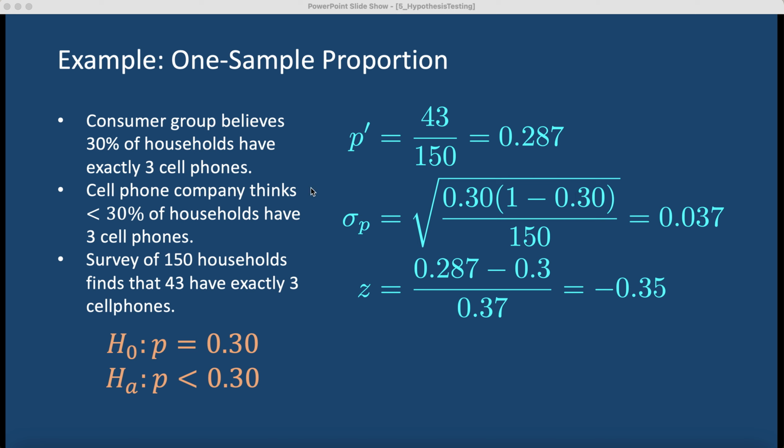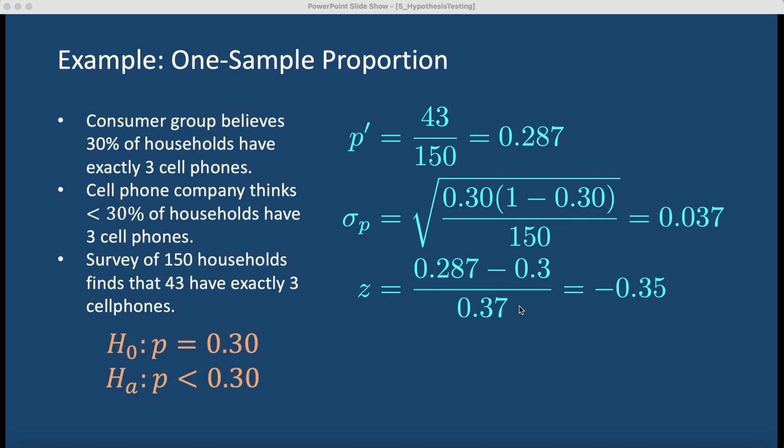And so we're going to put in here 0.3 because we're assuming in our null hypothesis that's the true population value of the proportion. So we put that value in. And our sample size is 150, so n is 150. And we get a standard error of 0.037.